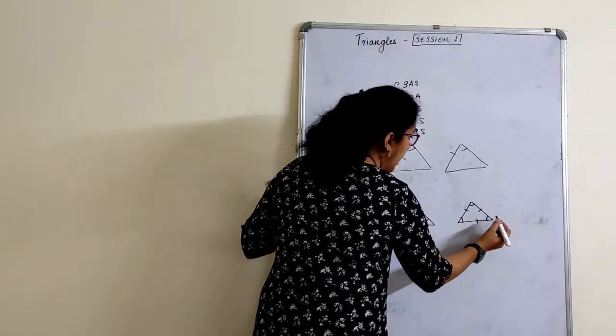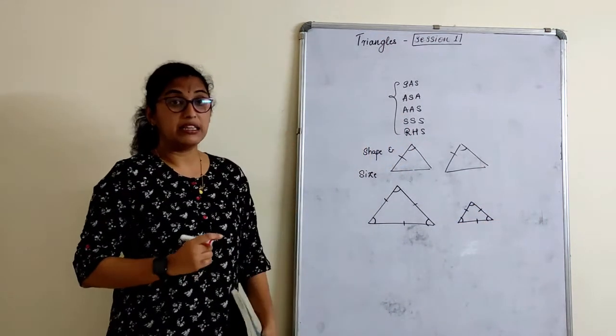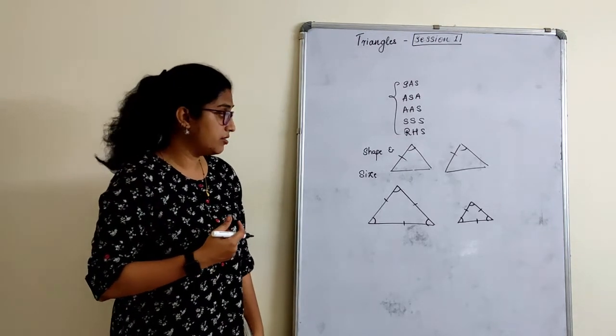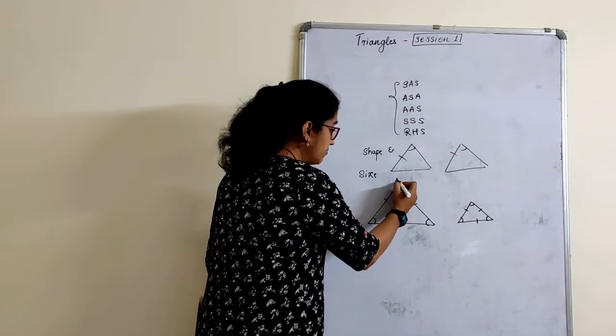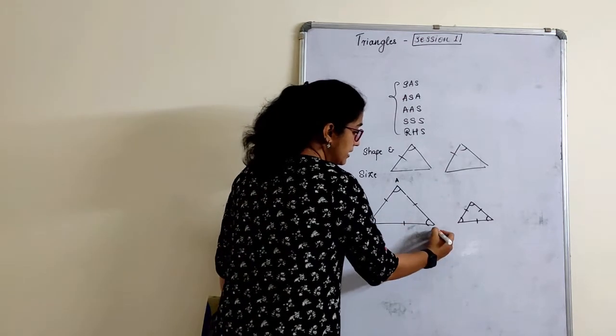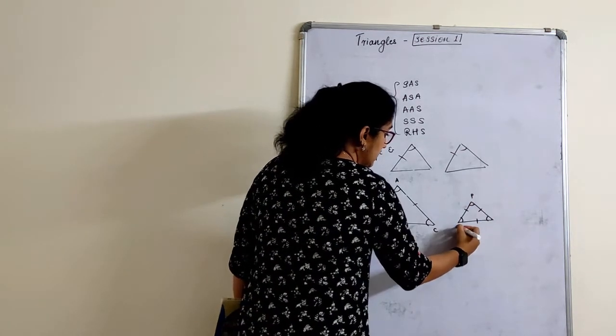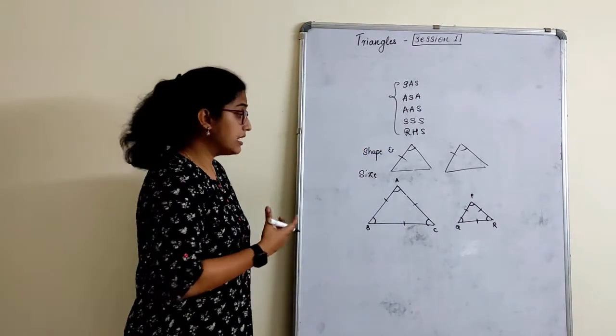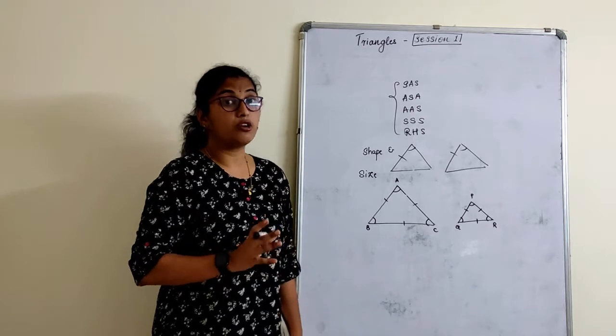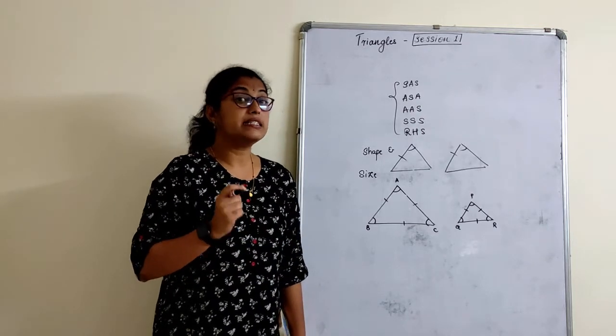So are these both triangles congruent, can I tell? No. Are they looking like congruent? No, because if I name this as A, B, C, P, Q, R, of course angles are equal, but what about the sides? The sides are not equal, so they are not congruent, but they are similar.